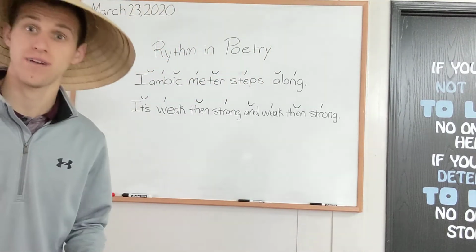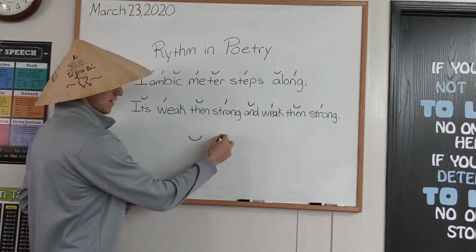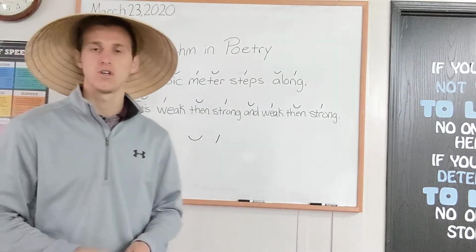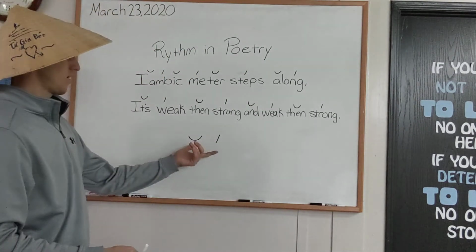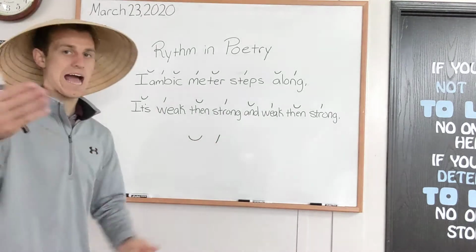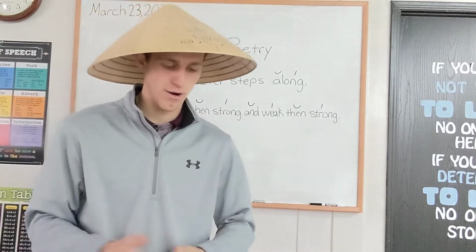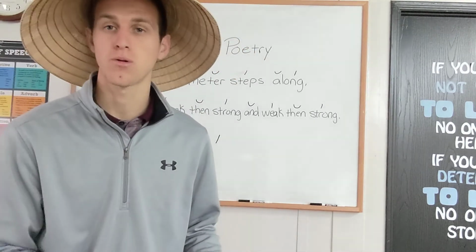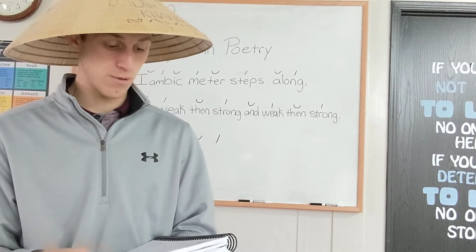So this is something we've actually learned about in reading, all right? So remember, we have our unaccented syllable and our accented syllable. So that's rhythm, a pattern of unaccented and accented syllables that make up songs and poetry and things like that, all right? And our next vocabulary word is iambic. Do you guys remember what iambic rhythm is?